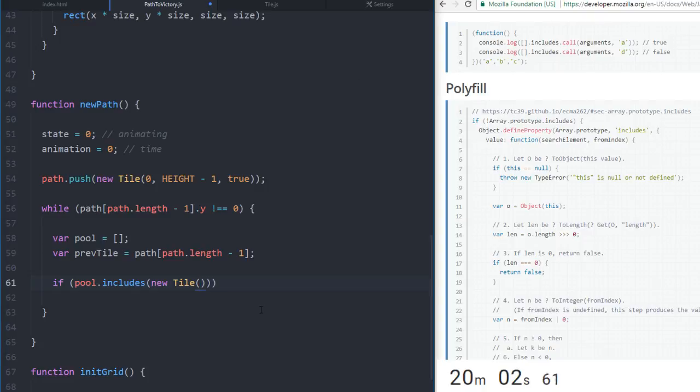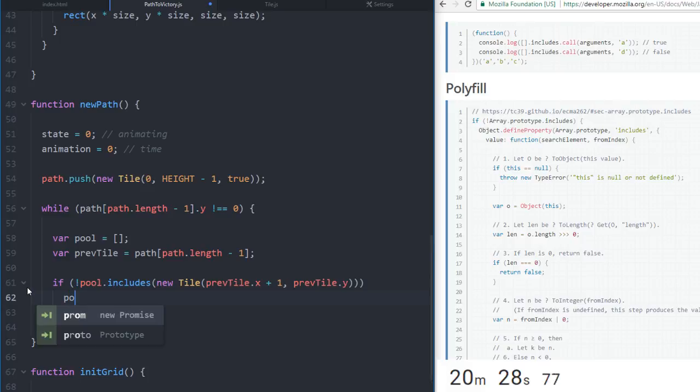New tile, prev tile dot x plus 1, prev tile dot y. So we'll just check to the right of it. Then don't do anything. So if it doesn't include, then we say pool dot push.